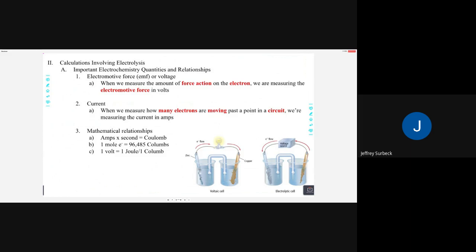Okay? Then 1 mole, we've dealt with the mole before, of e- for electrons is equal to 96,485 coulombs. So now we're relating our new formula to our old stuff here. And just FYI, that 96,000 number is what we call Coulomb's law. And then one important part here, 1 Volt is equal to 1 joule per 1 coulomb.